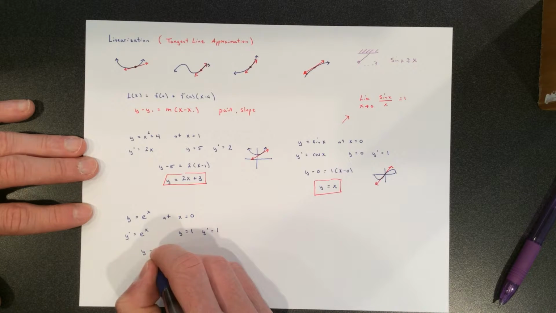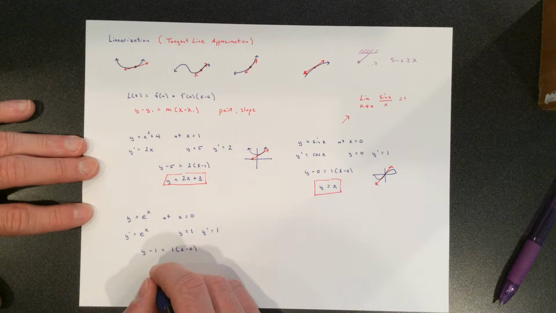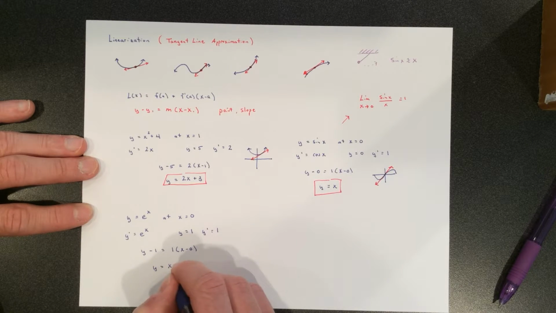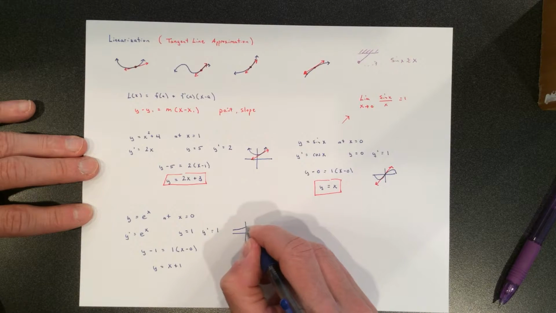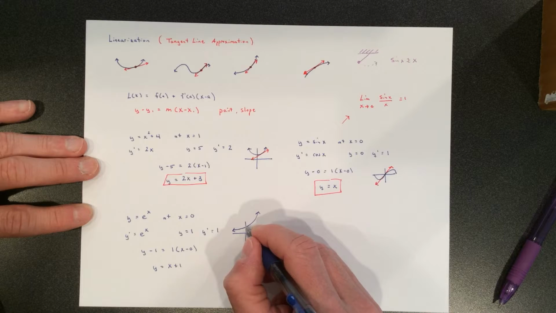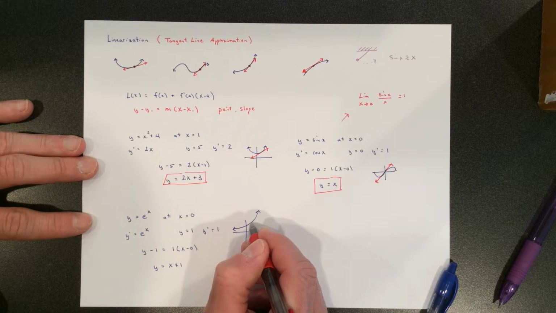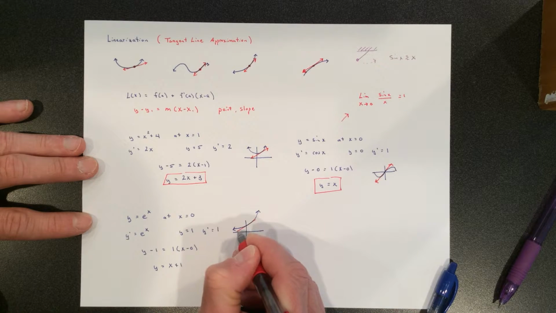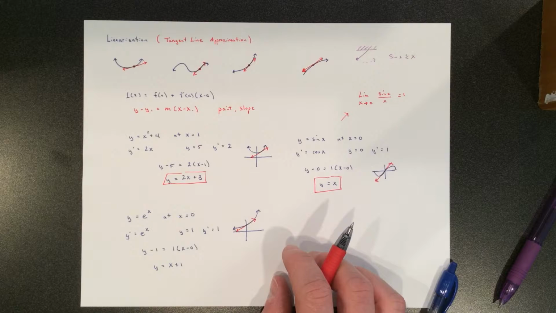So then y minus 1 equals 1 times x minus 0, and you just get the curve x plus 1. Exponentials look like that. This is the point (0, 1), and we're finding the tangent line there. So it's got a slope of 1, something similar to that. That would be the linearization.